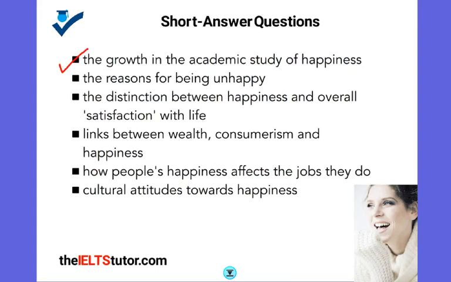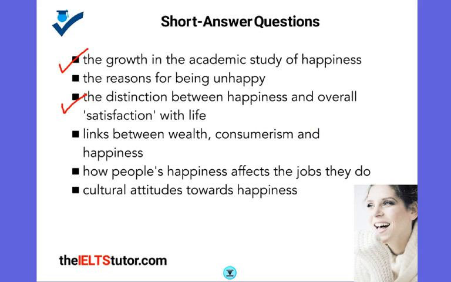Now, the next answer is the distinction between happiness and overall satisfaction with life. So if you have identified this topic as having appeared in the text, give yourself a pat on the back because this is absolutely correct. Where can we find this distinction between happiness and overall satisfaction with life?